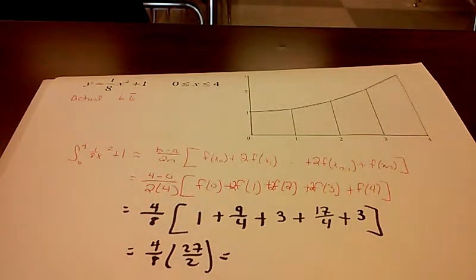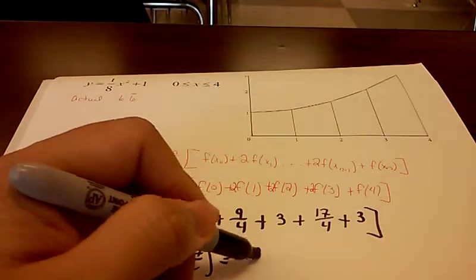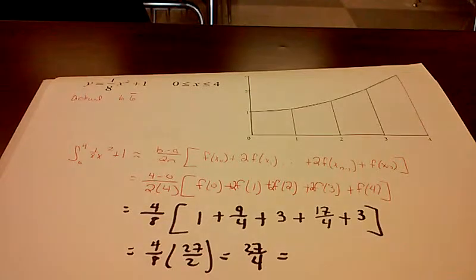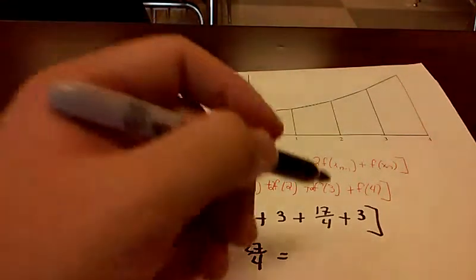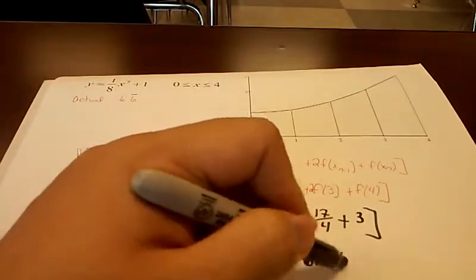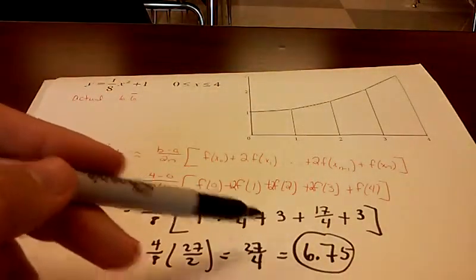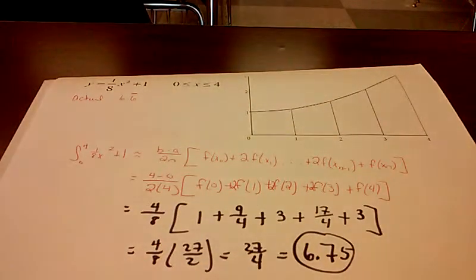That gives me 27 over 4. And I'm just going to go ahead and divide that. So 27 divided by 4 is 6.75. And notice, guys, that our approximation of 6.75 is very close to the actual answer of 6.6.